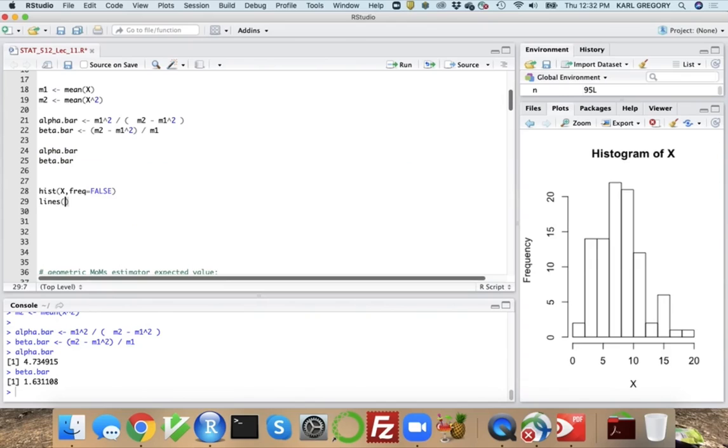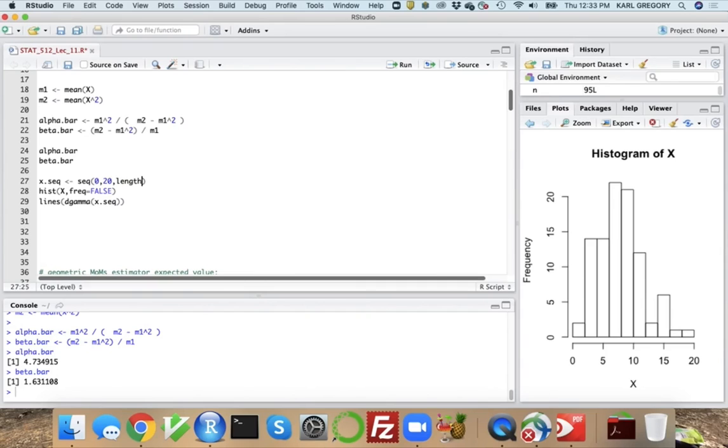So I'm going to do lines, density of the gamma, with a sequence of x values beginning at 0 and going up to 20, because my histogram goes up to 20.